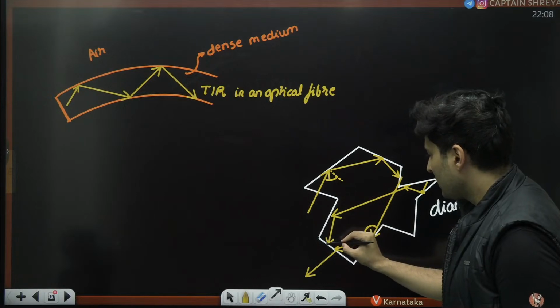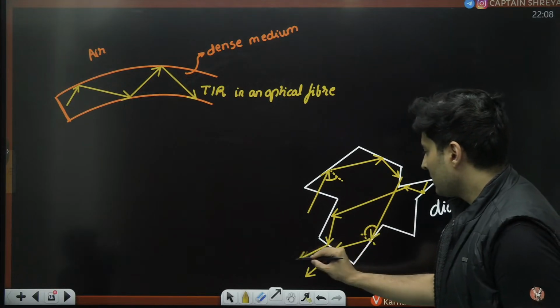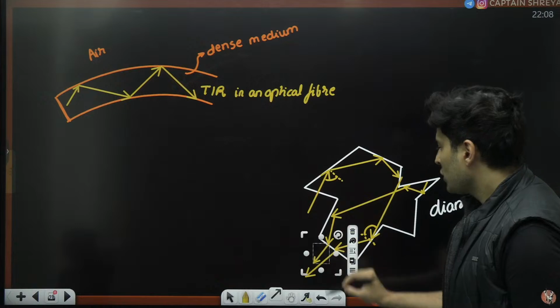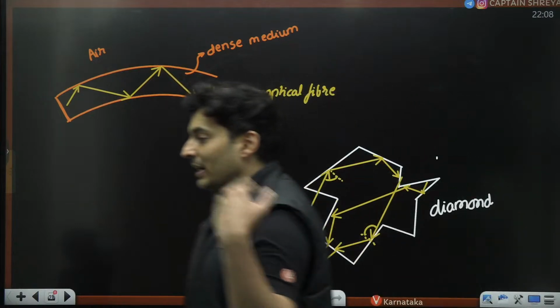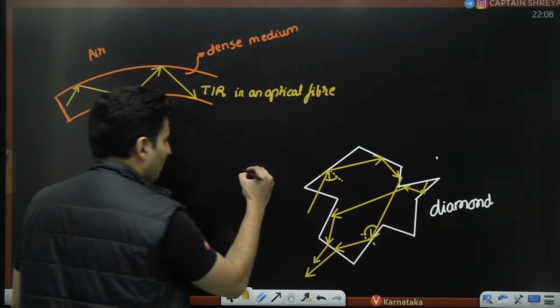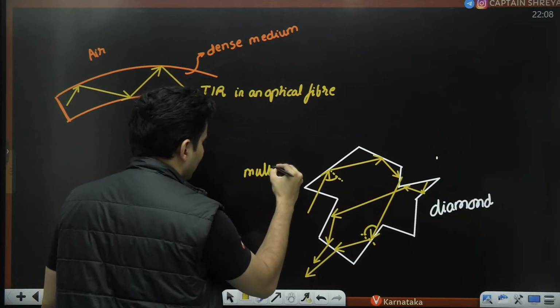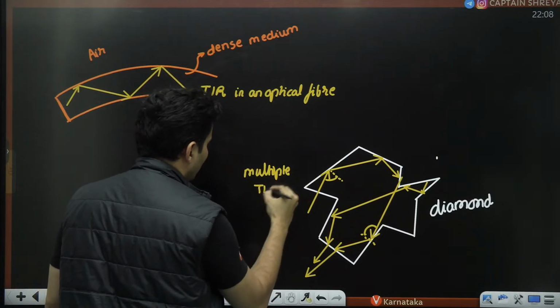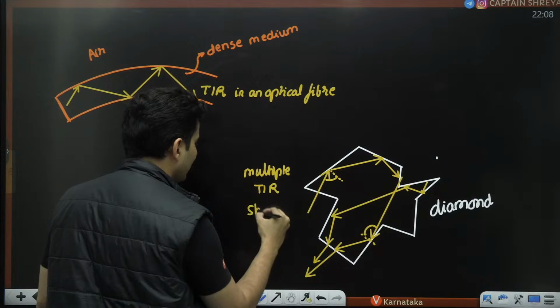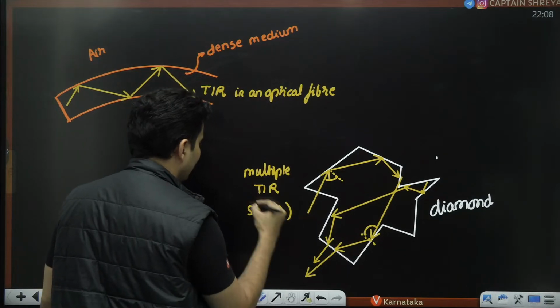Just imagine it is coming like this and it is coming out like that. Because of multiple total internal reflections, it basically shines and you get that glitter.